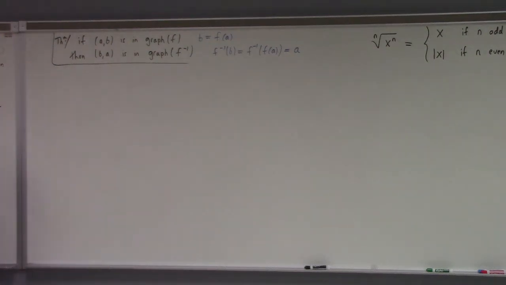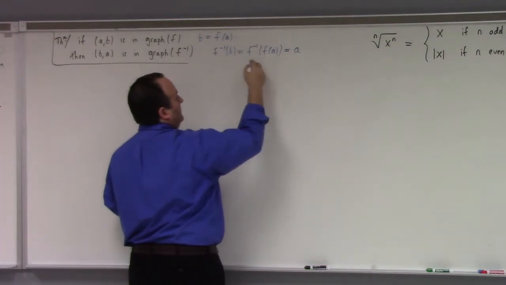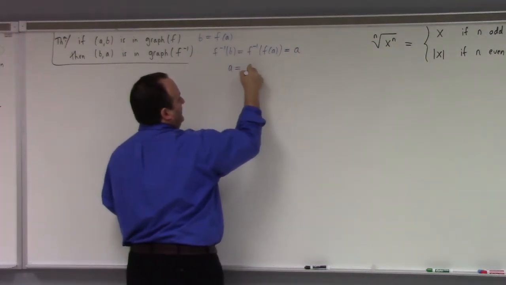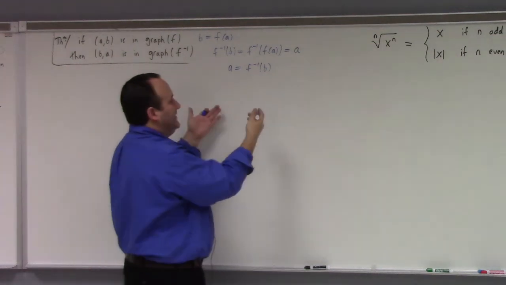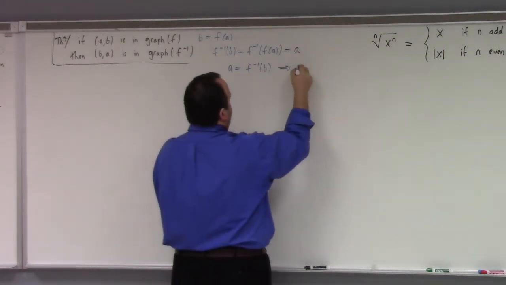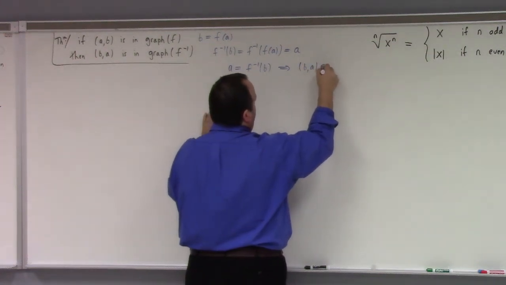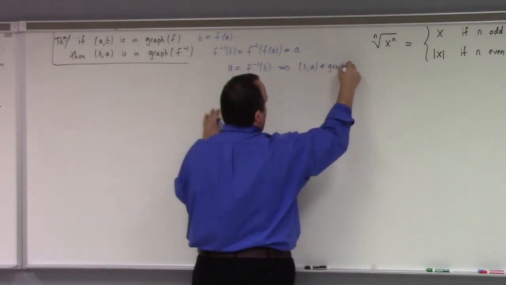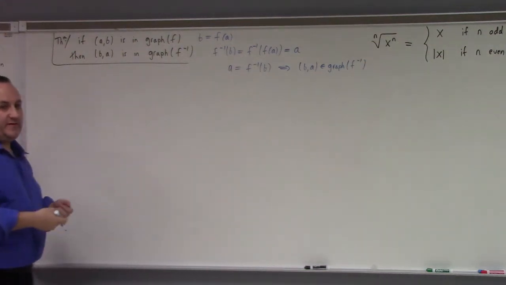All right. But what I just wrote here, A is equal to f inverse of B, I'll write it the other way. This is exactly what we mean when we say that (B, A) is in the graph of f inverse.